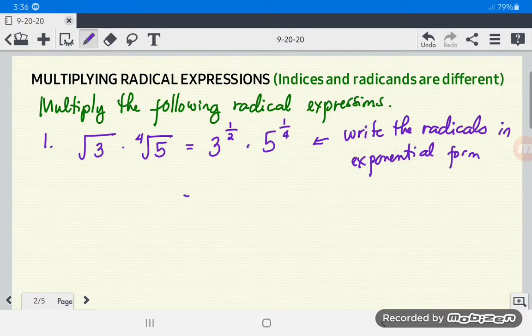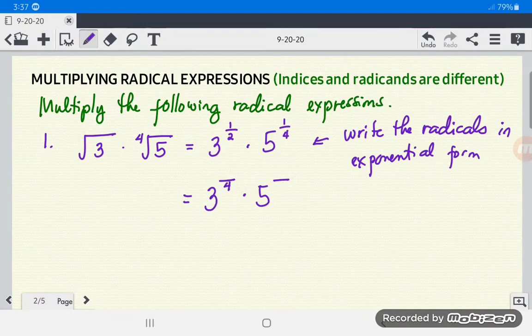The next step is to change the rational exponents into similar fractions. As you can see, they are dissimilar fractions, right? So, you will just copy 3, and also 5. This time, you're going to look for the LCD. Here, the LCD is 4.